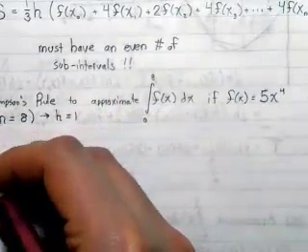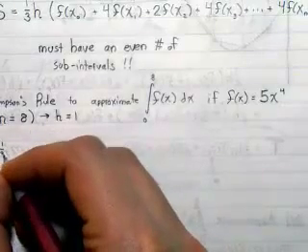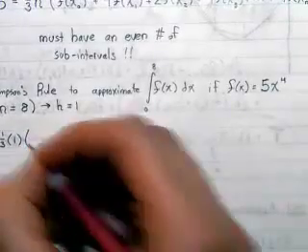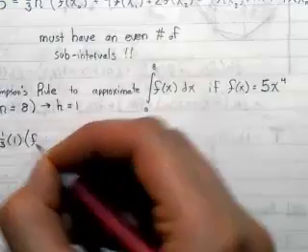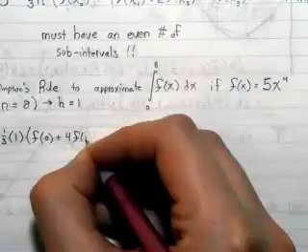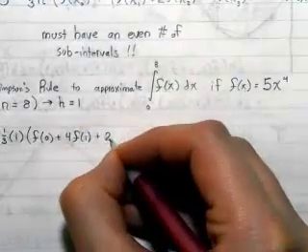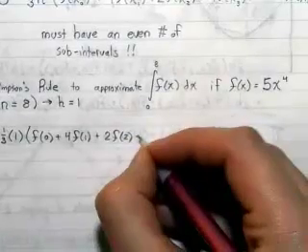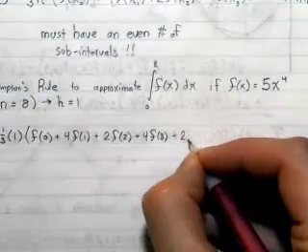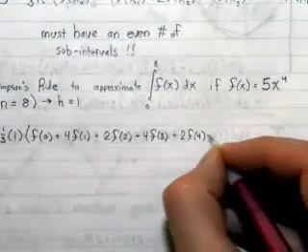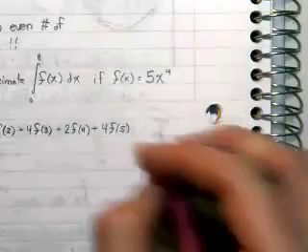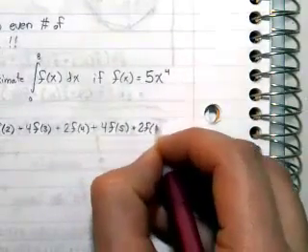Okay, so I'm going to have 1/3 times 1, and then f of 0 plus 4 f of 1, plus 2 f of 2, plus 4 f of 3, plus 2 f of 4, plus 4 f of 5, plus 2 f of 6.